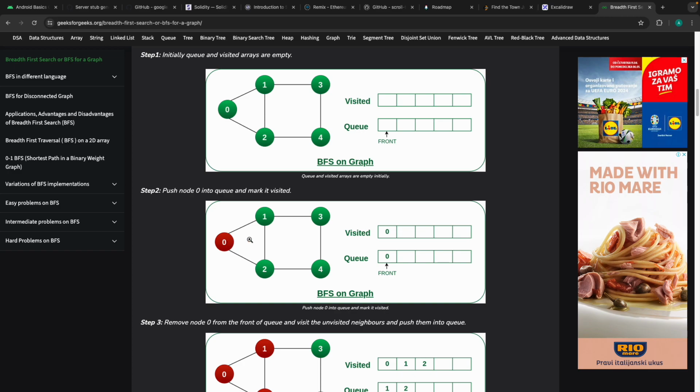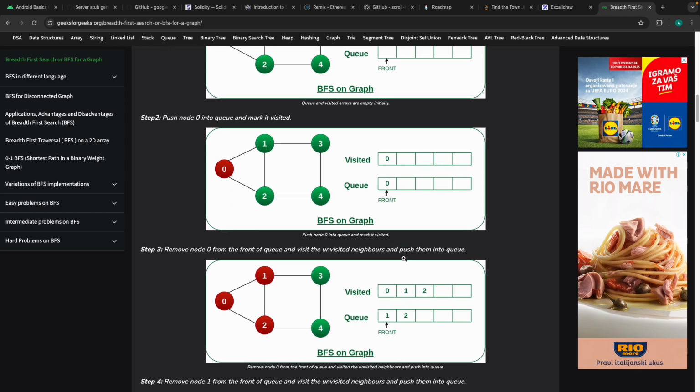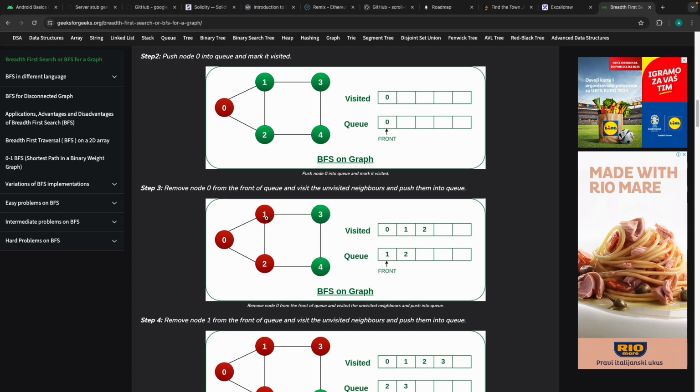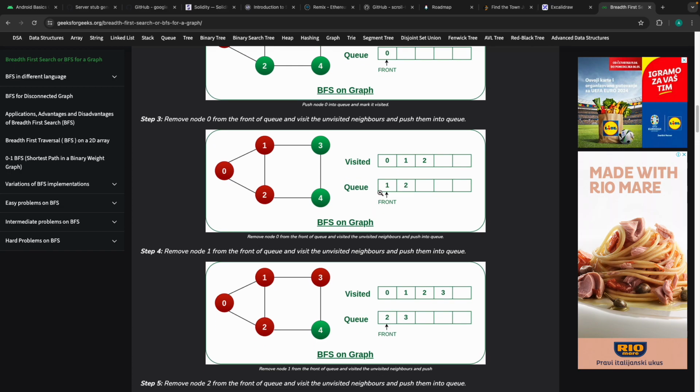No, not the 0. It is visited and it is in queue. Then we visit 1 and 2 and push them in queue.